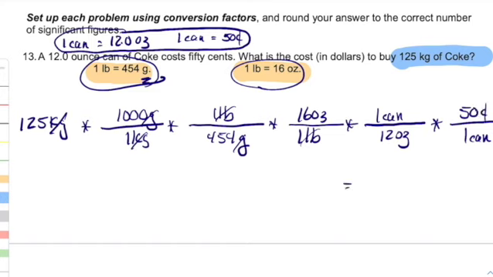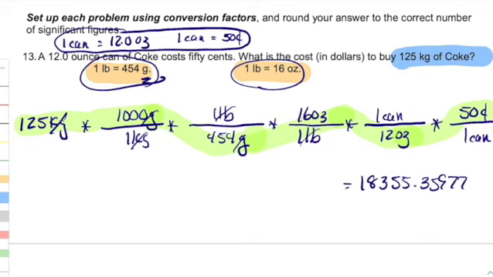From here, it's literally an arithmetic problem. If you're confident in your setup, you should be confident in your answer. 125 kilograms times 1,000 grams, divide by 454 grams, times 16 ounces, divide by 12 ounces, multiply by 50 cents. And I came up with an answer; this is how many cents there would be.